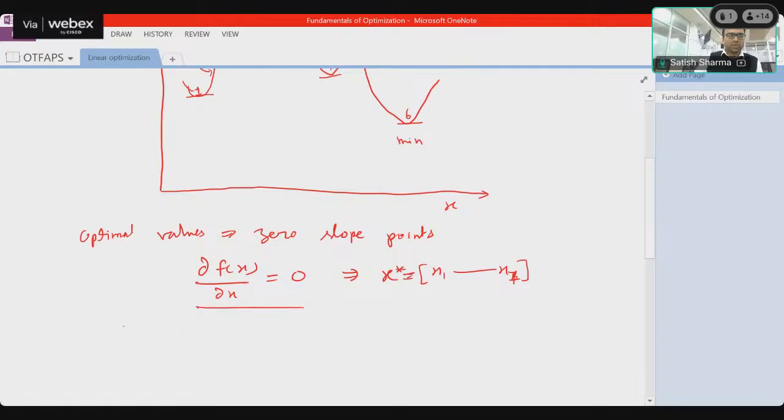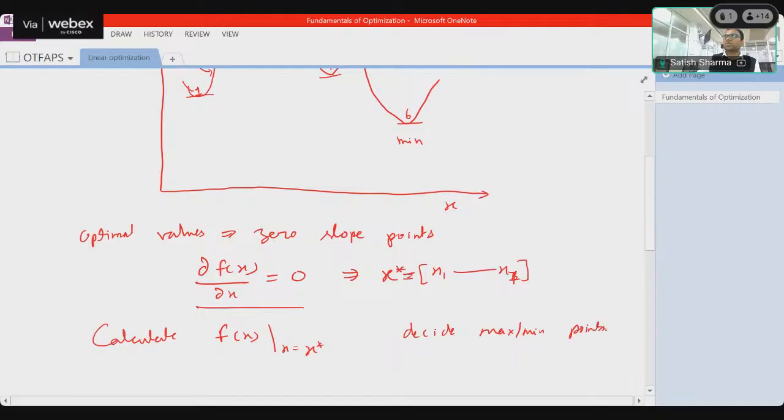Then I can evaluate the function value where x is each of these x star values, and decide whether they are maxima or minima points.